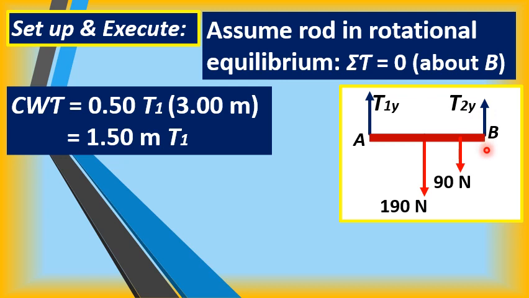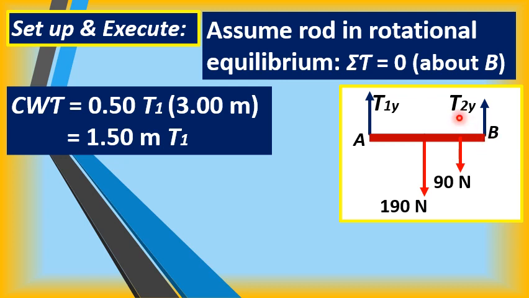The torque produced by T sub 2y about point B must be equal to 0, right? And it will make my computations easier.